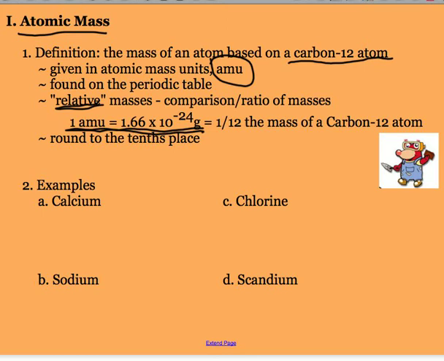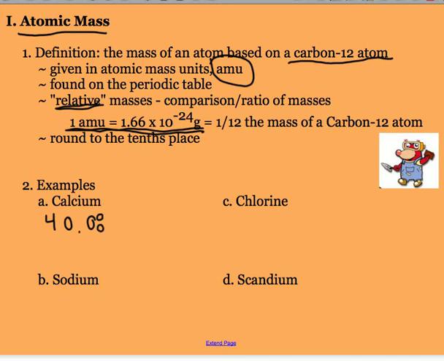So what we're going to do is do two quick examples, and then let you try. What you want to keep in mind, to be all on the same page, because periodic tables can vary, is that you need to make sure you round to the tenths place. If we're looking at the first one down here, calcium, when you look up calcium on the periodic table, it's 40.08, which is great.